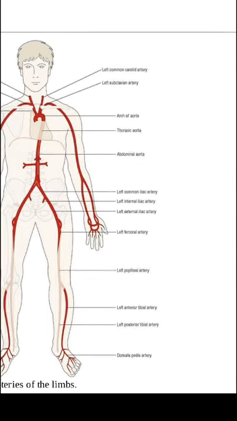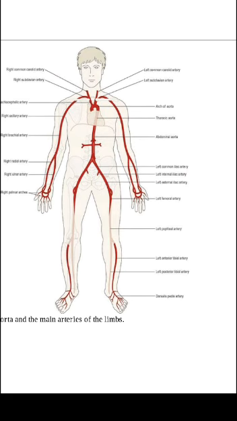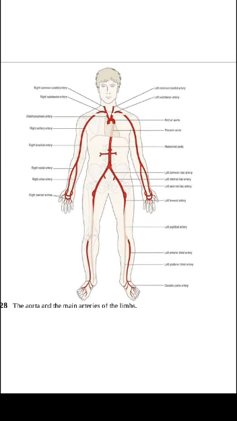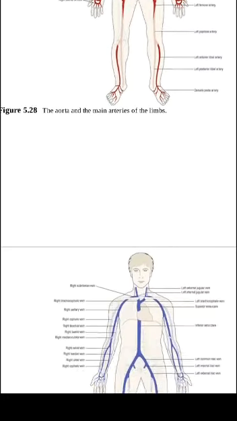And on this side, the left side is left common carotid artery, left subclavian artery, arch of aorta, the thoracic aorta, abdominal aorta, left common iliac artery, left femoral artery, left anterior tibial artery, left posterior tibial artery, and dorsalis pedis artery. You should know the major arteries of our body. So basically these are the aorta and the main arteries of the limbs.